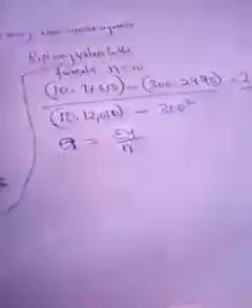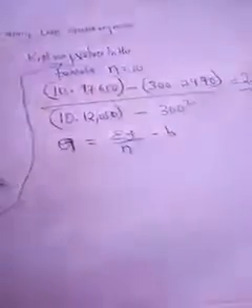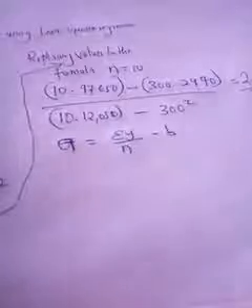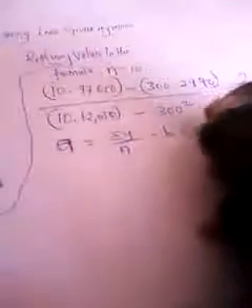Then you need to get the value of a, which is given by summation of y all over n, minus b times summation of x all over n.